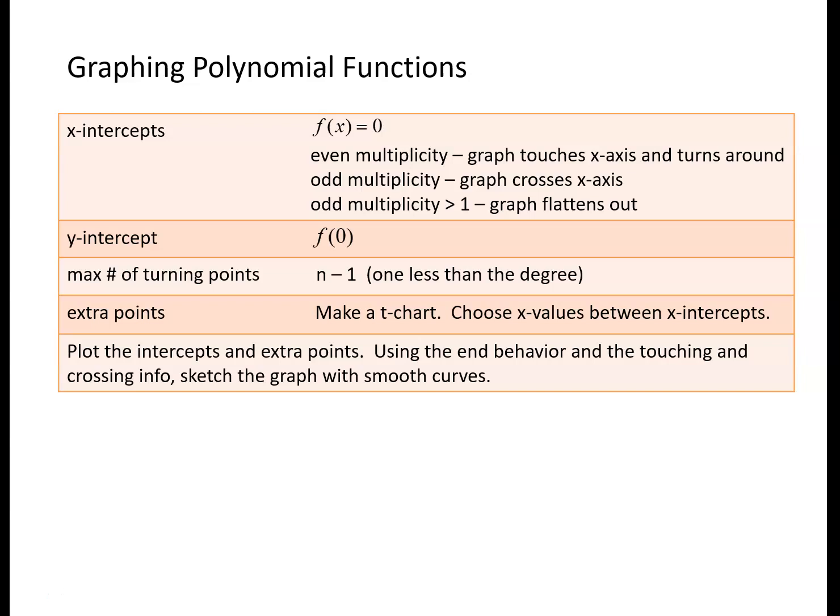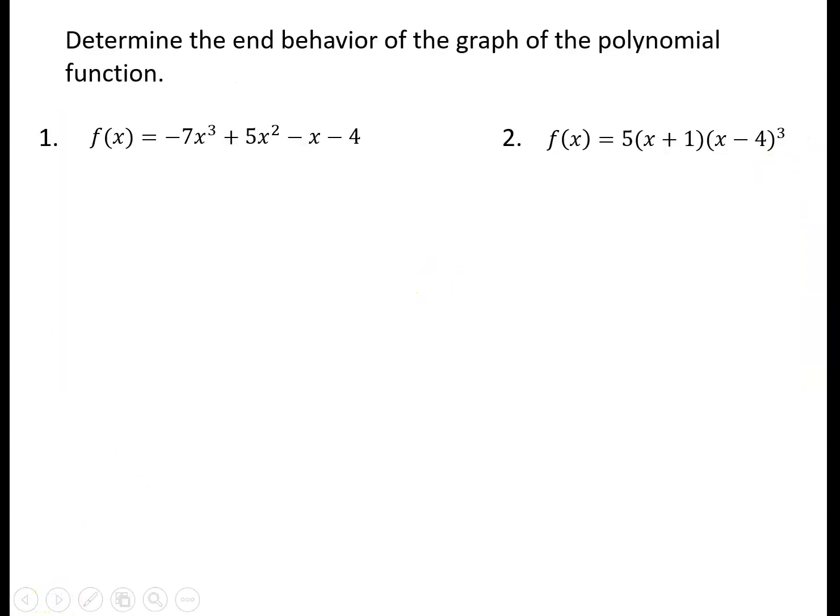Now we're going to come back and talk more about these different things that we're going to find when we start graphing. But first, let's practice that end behavior. So read the instructions. It says, determine the end behavior of the graph of the polynomial function. So make sure you know what it means when it says that.